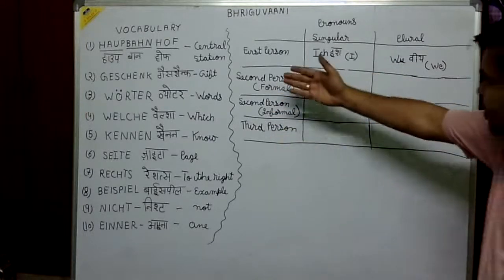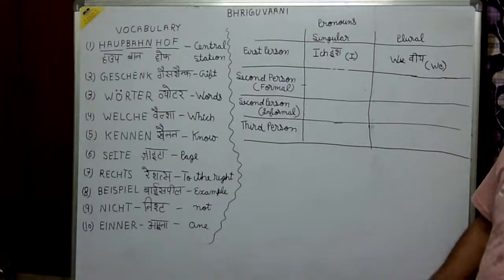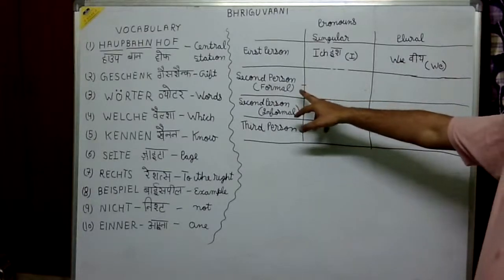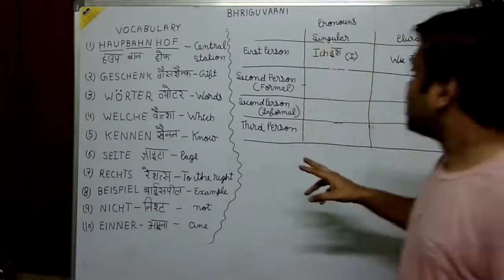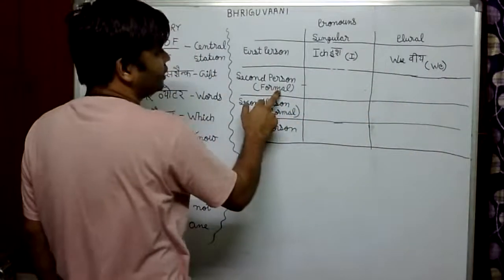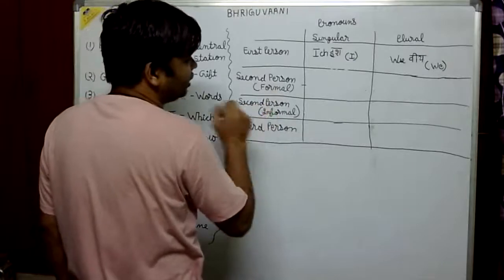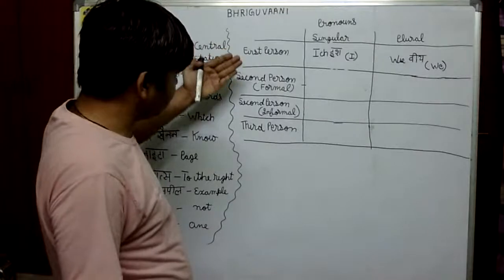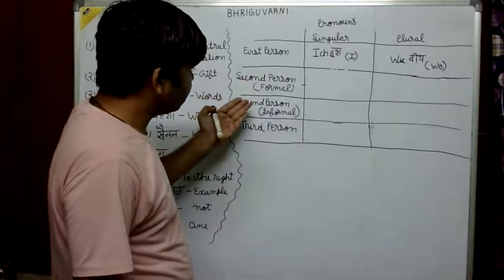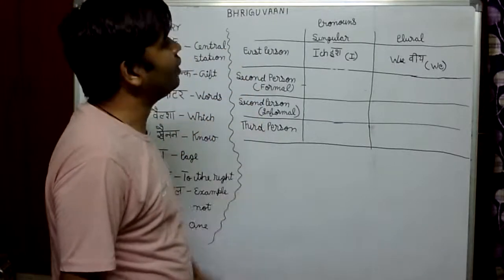And in the second person, we have two categories: second person in case of formal, and second person when the case is informal. So we have made first person, second person for formal, second person for informal, and third person.